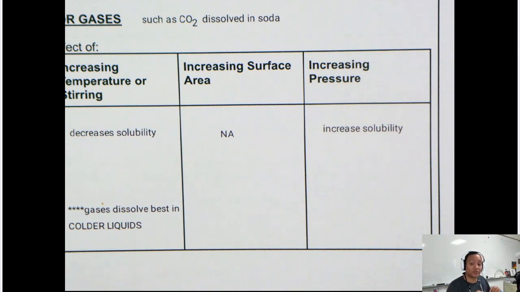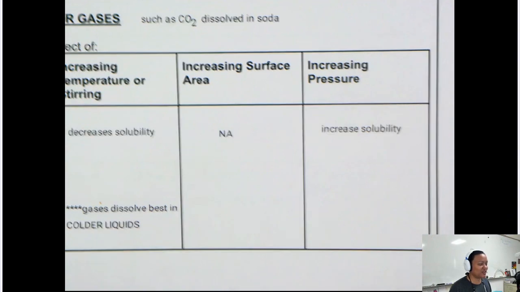It's the same thing with gases sitting in a liquid. The less pressure you have on it, the easier it is for that gas to escape out of the liquid. The more pressure you have, the better it's going to hold on to that gas. So in terms of my soda not going flat, living down here in the valley is good. It's going to hold on to its carbonation just a bit longer.